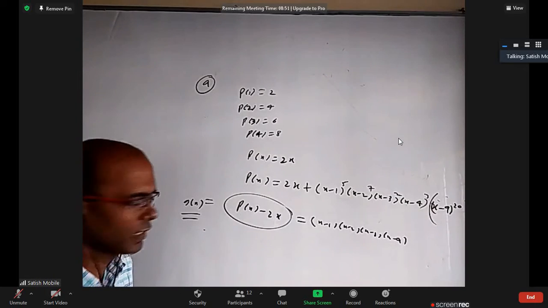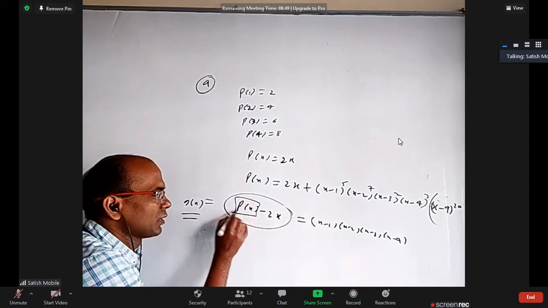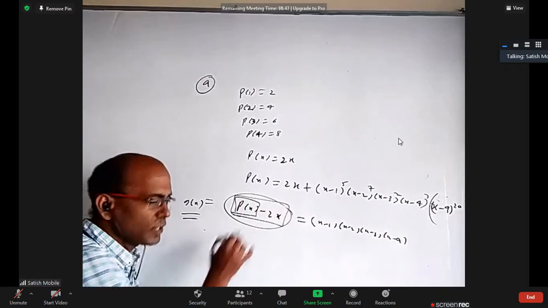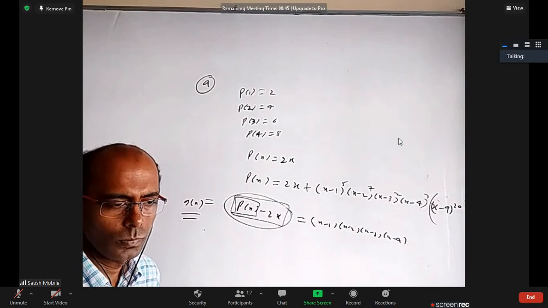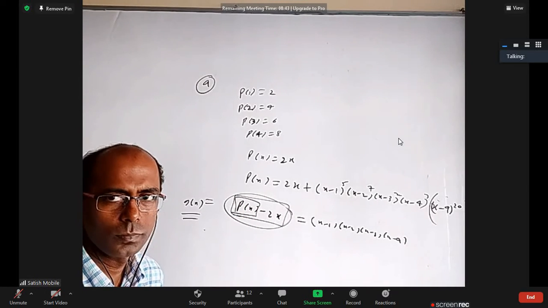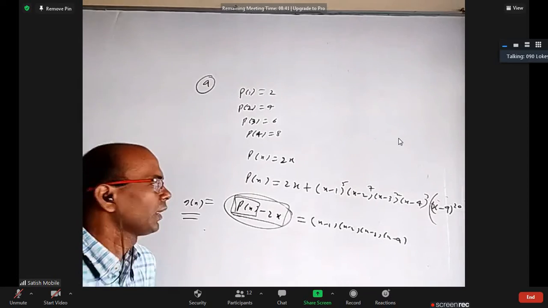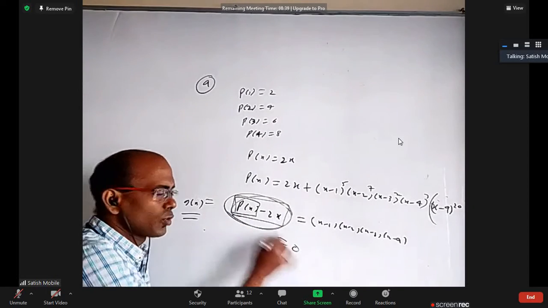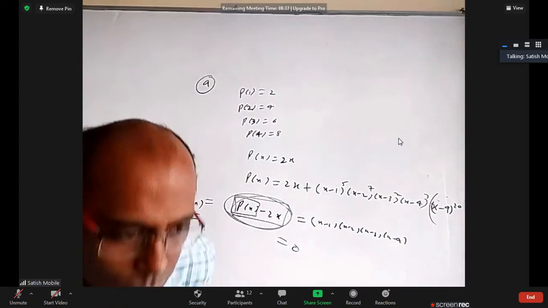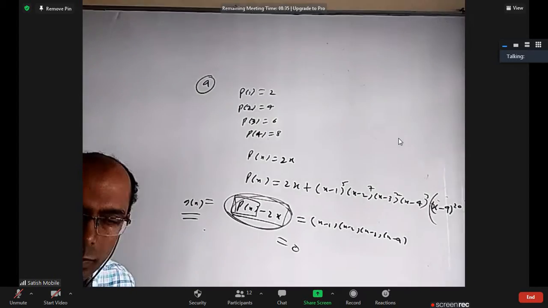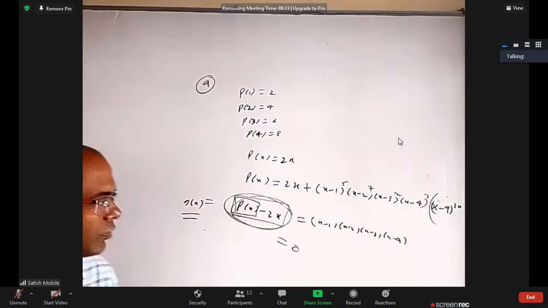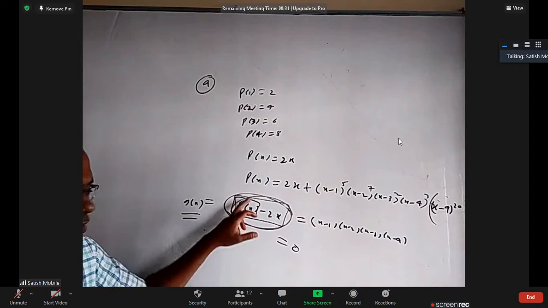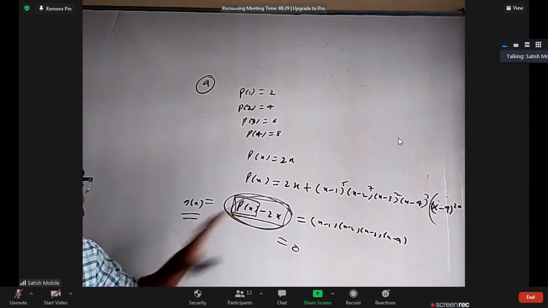Another way of saying the same thing is, let's say this is a cubic expression. When I subtract 2x, will it be a cubic expression? Yes. If I take a cubic expression equal to 0, maximum how many real roots can come? 3, sir. But we are getting 4 roots, because for this 1 is also a root, at 2 also root, 3 also root, 4 also root.